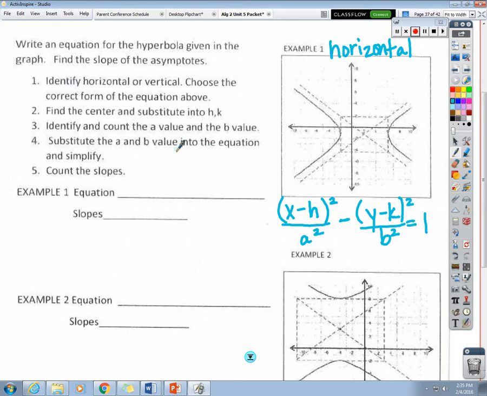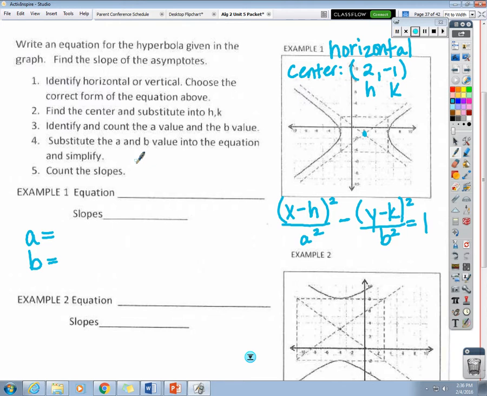Okay, but obviously just like before, to use this formula we have to know an a and a b, but this time we also have to know h and k, which is the what? The center. Well, where is the center of this hyperbola? 2, negative 1. Okay, so your h is 2, your k is negative 1.